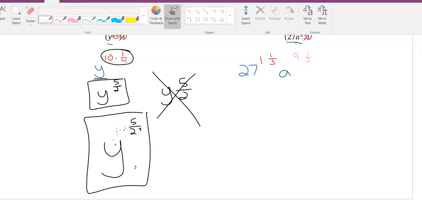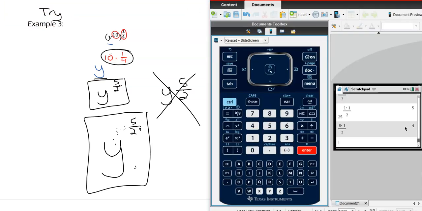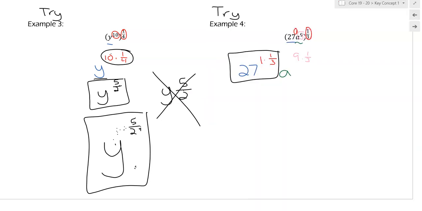Okay. Now, thinking about how we can type things into our calculator, 27 to the 1 times 1 divided by 3. Right? So you should have gotten 3 in your calculator there. And then a, 9 is a variable, right? Can't type variables in. 9 times 1/3 is actually 3. Okay.